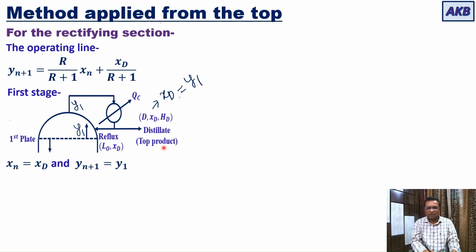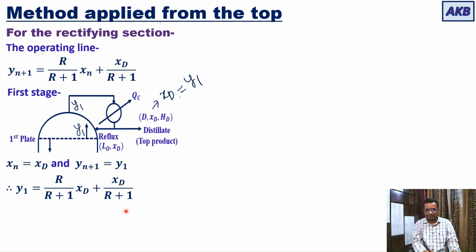XD is equal to Y1. So, let us see that. If I use this information, Y1 is equal to R upon R plus 1 into XD. Yn+1 is replaced with Y1 and Xn is replaced with XD. So you have Y1 is equal to R upon R plus 1 into XD plus XD upon R plus 1. That means you can take XD common, so it will be R plus 1 upon R plus 1.